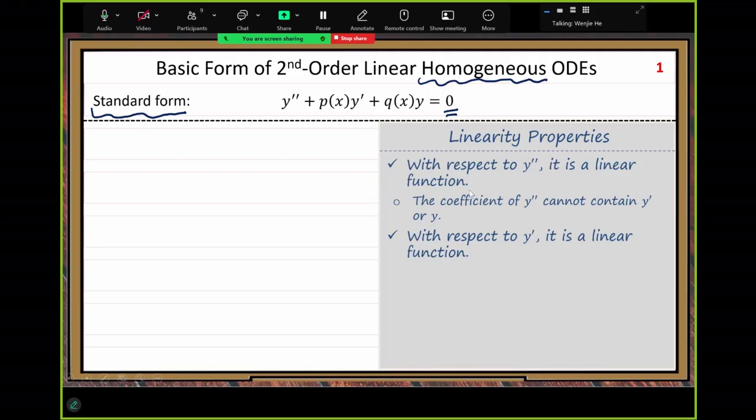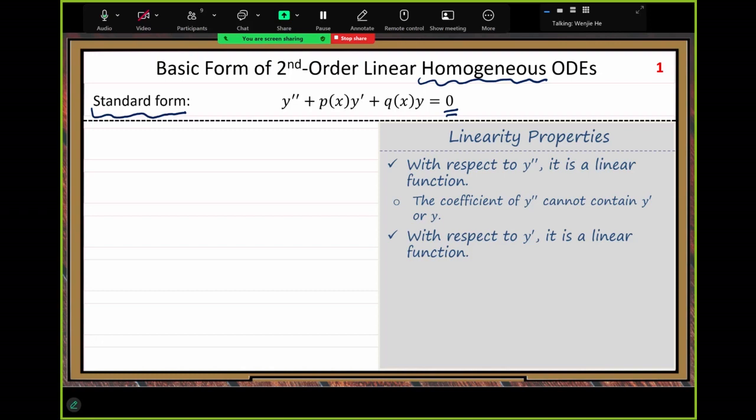Further explanation: the coefficient of y double prime could be a function of x, but it cannot contain y prime or y. It could be a pure function of x. That's legal regarding linearity.